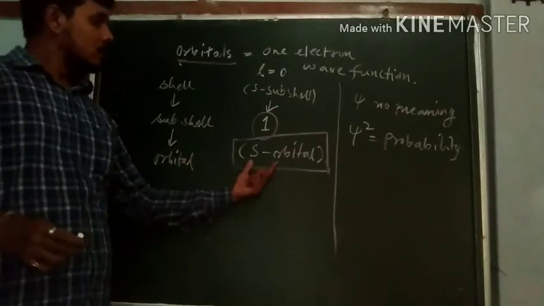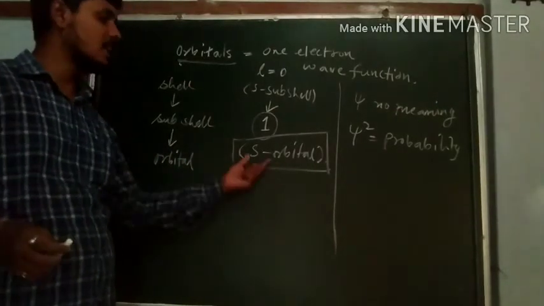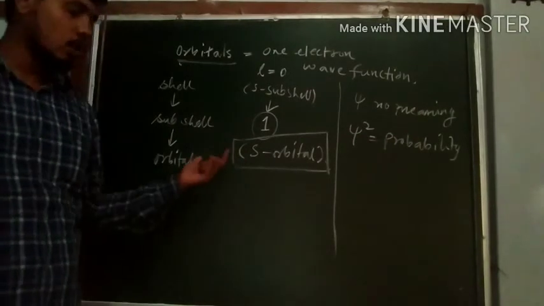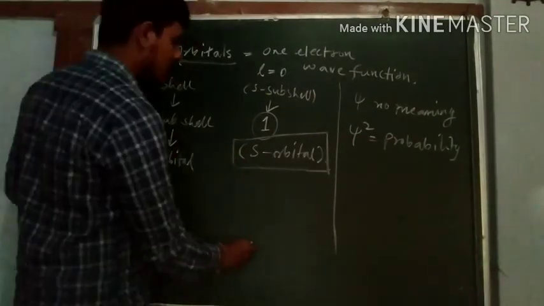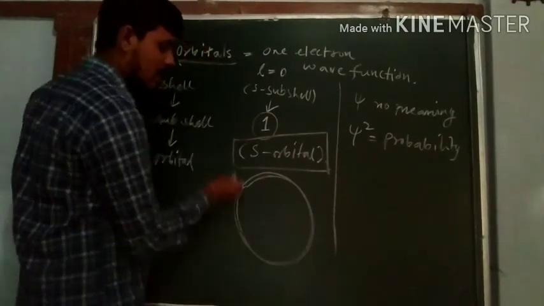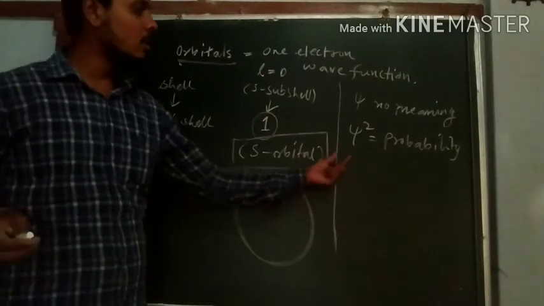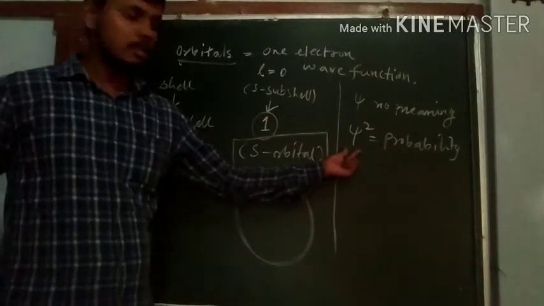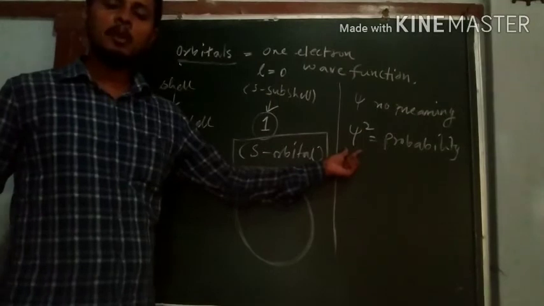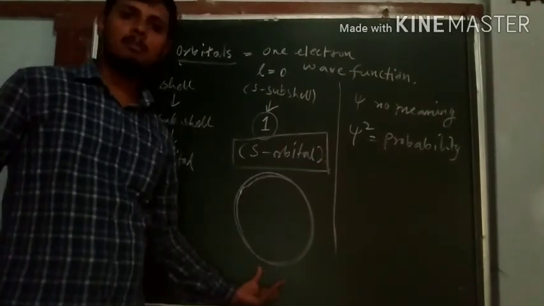Now, so when I study about s orbital, it is spherical in shape. Why spherical in shape? Because if I plot psi square, jodi moi psi square to plot koru, tetia moi eta sphere pam.